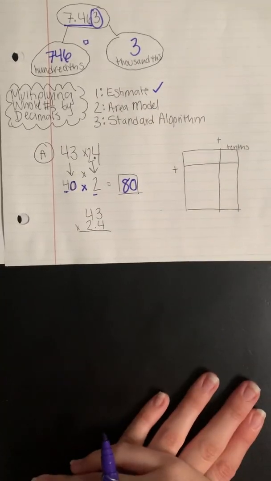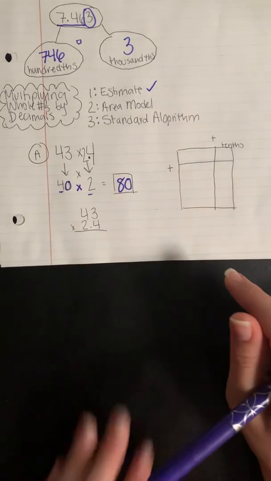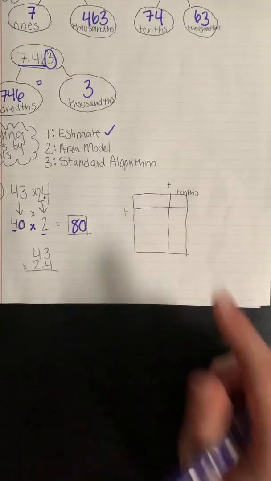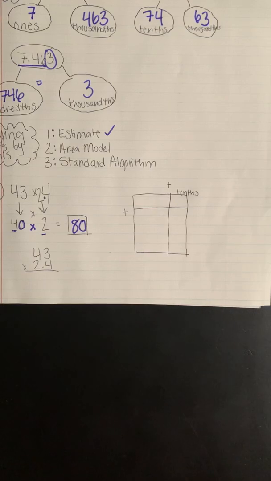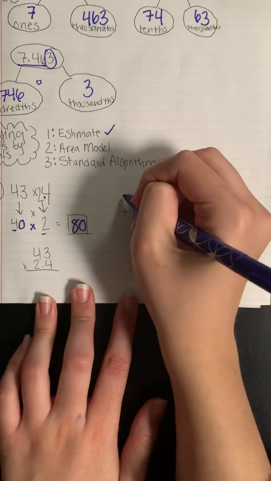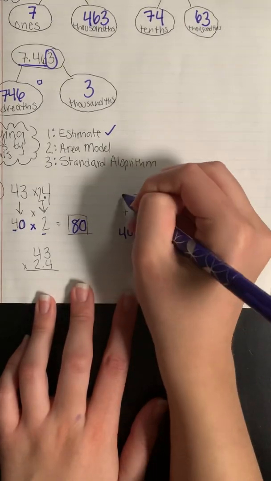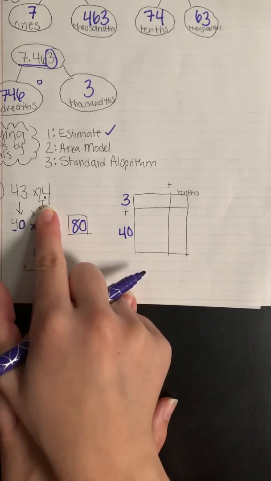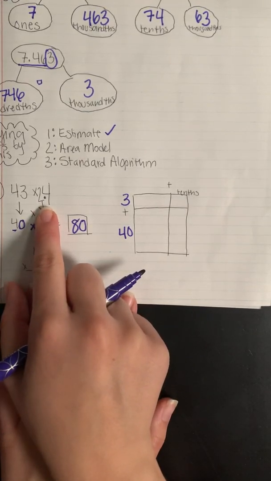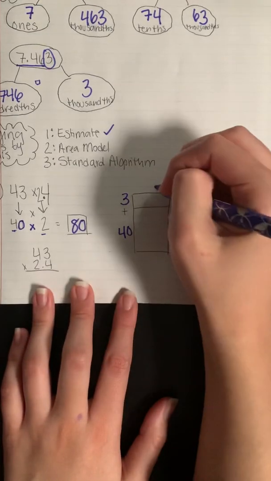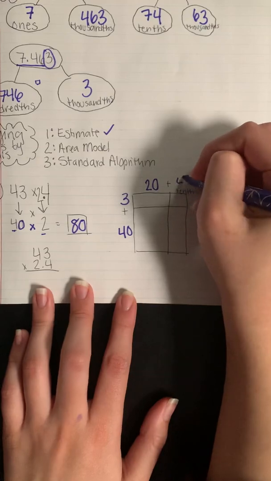Step 2 is to use our area model. For our area model, we are going to decompose, or break apart, our numbers, just like we do when we're using whole numbers in the matrix. So 43 is going to become 40 plus 3. Then for 2 and 4 tenths, I'm going to use all tenths, so I'm going to have 20 tenths plus 4 tenths.